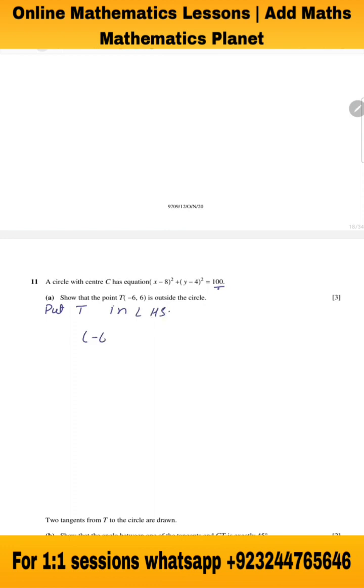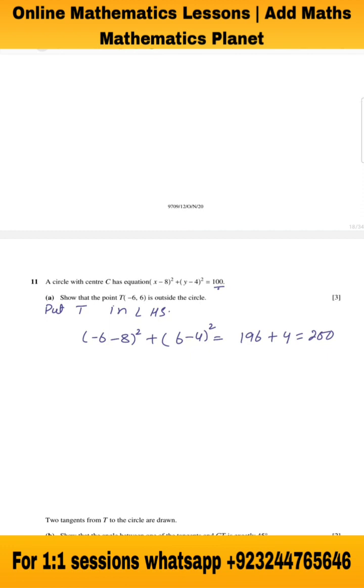So we will get (-6 - 8) squared plus (6 - 4) squared, which is equal to (-14) squared, which is 196, plus 6 minus 4 is 2, and 2 squared is 4, which is 200.